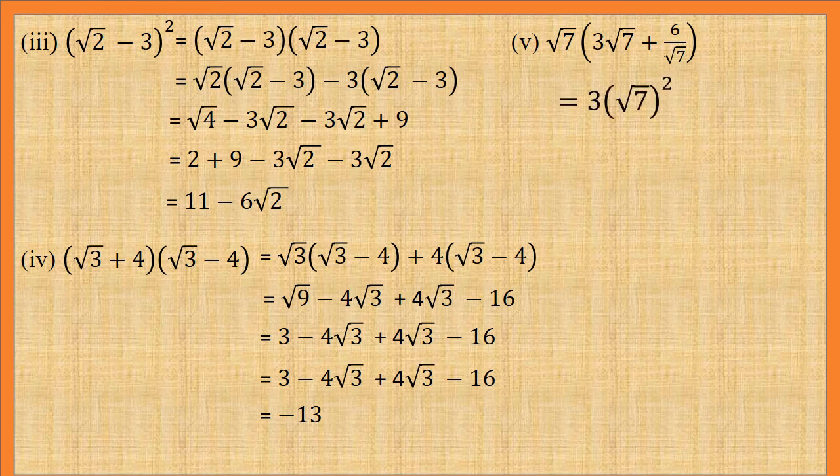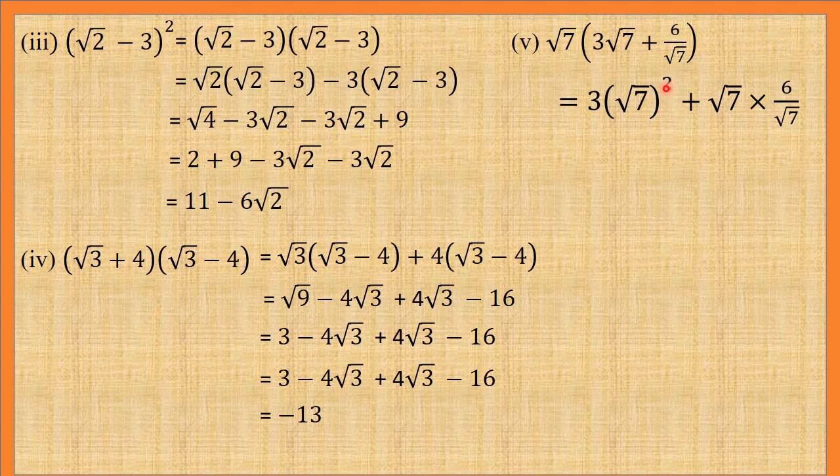So this one will be equal to 3 by root of 7 squared. So 3 by 1, 3. Root 7 by root 7, root 7 squared, plus this will be multiplied by that. So we'll have root of 7 by 6 over root of 7.